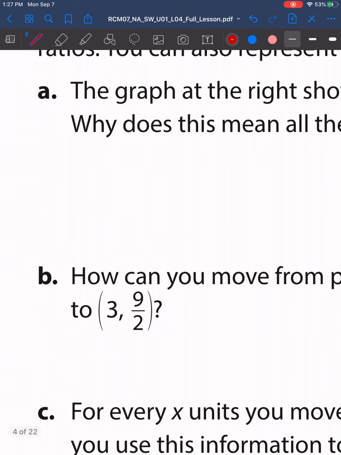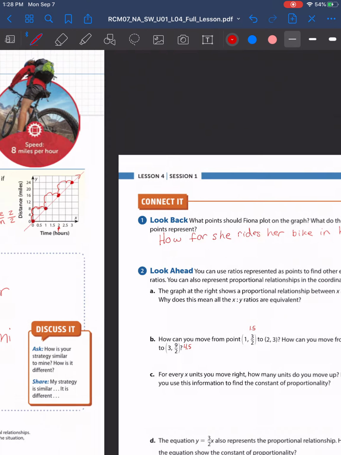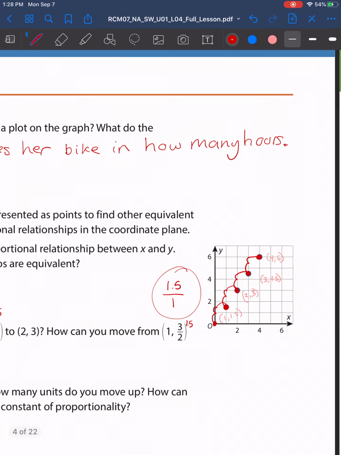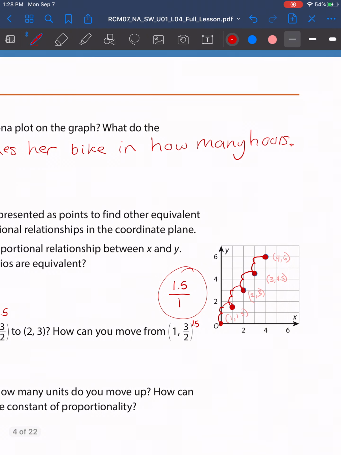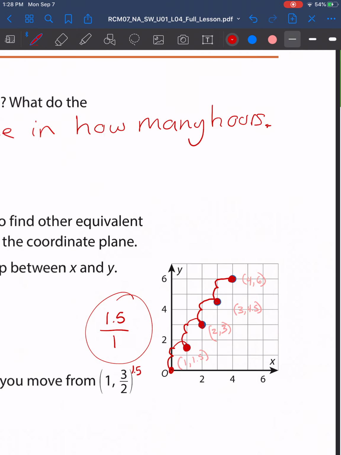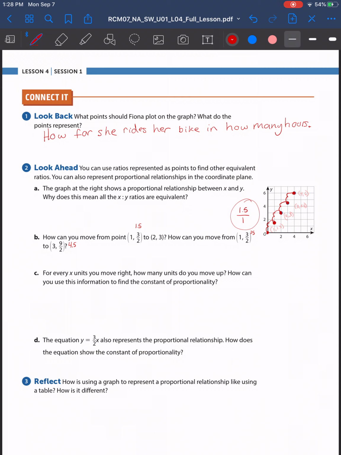How many times can 2 go into 9? It can go in there 4 times, because 4 times 2 is 8 with 1 left over. So it's actually going to be 4.5. So 3 over, up 4.5. That's exactly what we got right there, right? 3 comma 4.5. Okay, how can you move from this point to this point, and then from this point to this point? Well, we figured that out, remember?